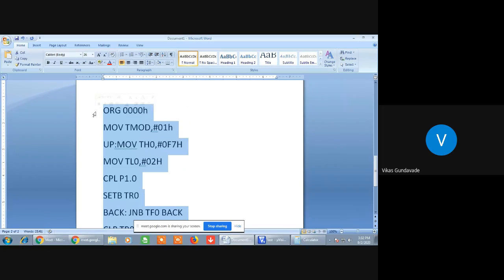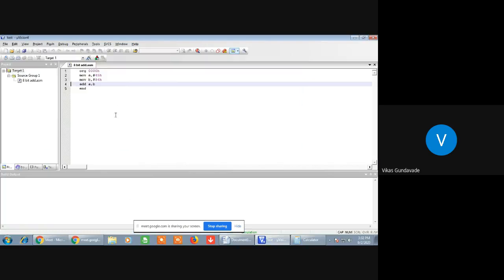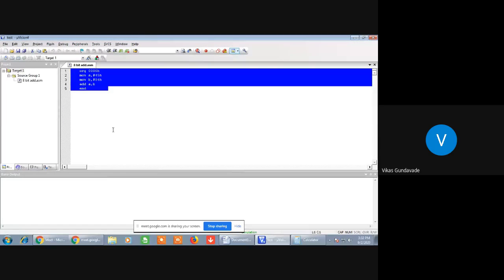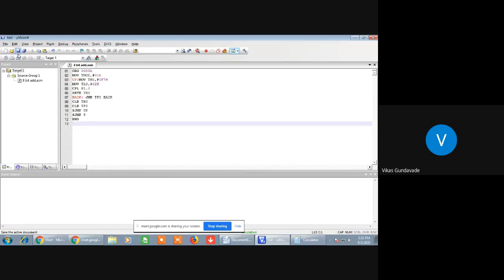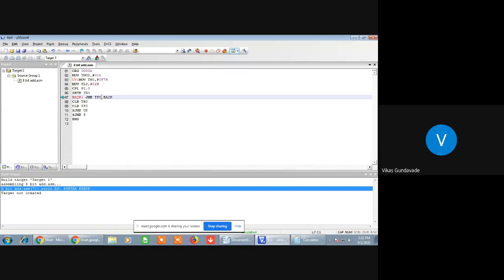Now we will write the same program into Keil. So I am writing this program. I am checking here for syntax errors.